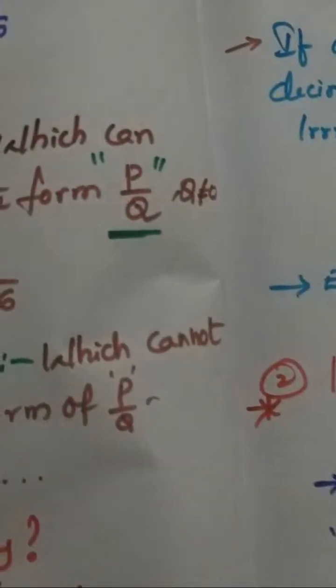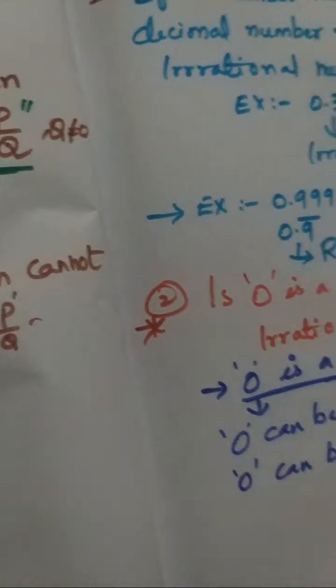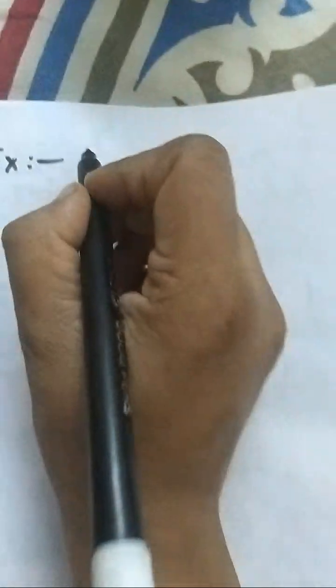Now another one. See here the examples. In this example, show me which is an irrational number.